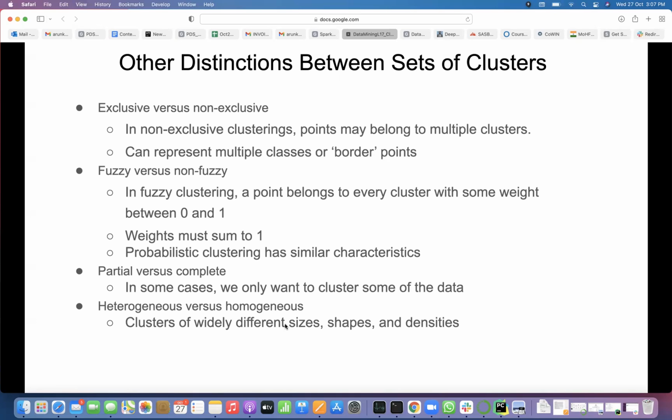If you restrict sizes to be the same, then they become homogeneous. If you say that all should be the same shape, like a circle, that is one more homogeneous condition you can put. Or you can say that in each cluster the same number of points should be there. That is called density-based clustering. So these are all different ways to understand clusters, heterogeneous versus homogeneous.